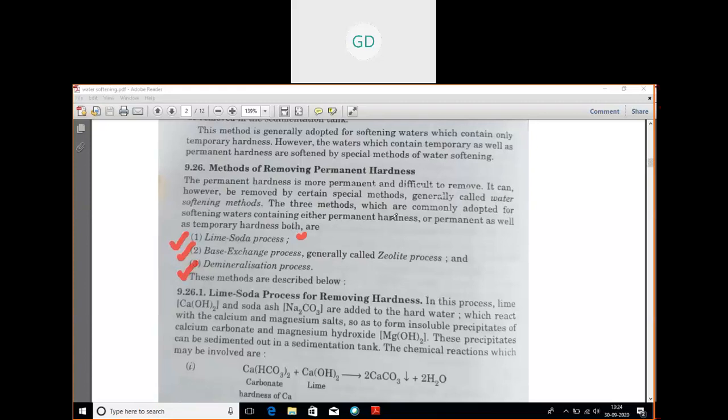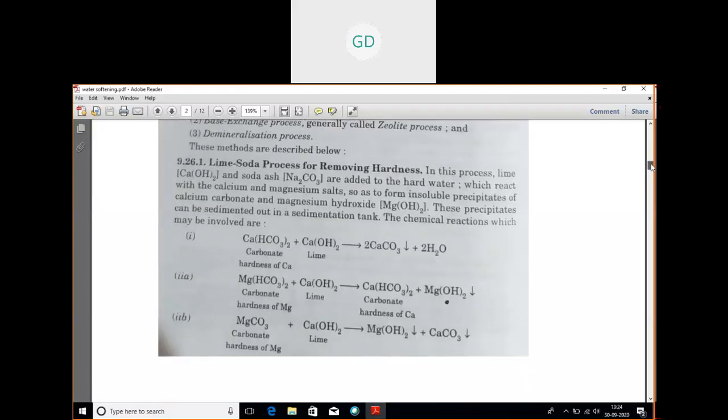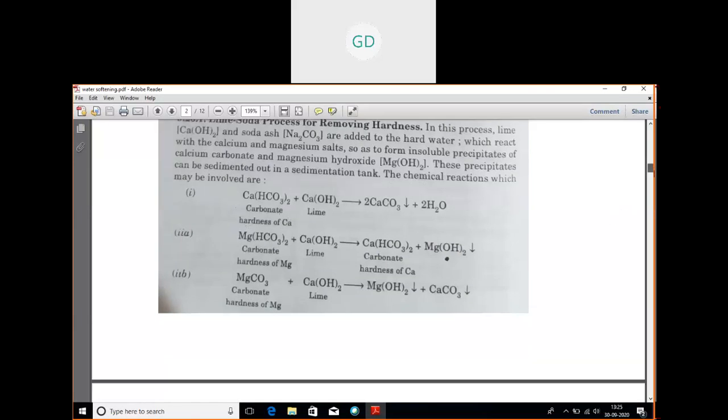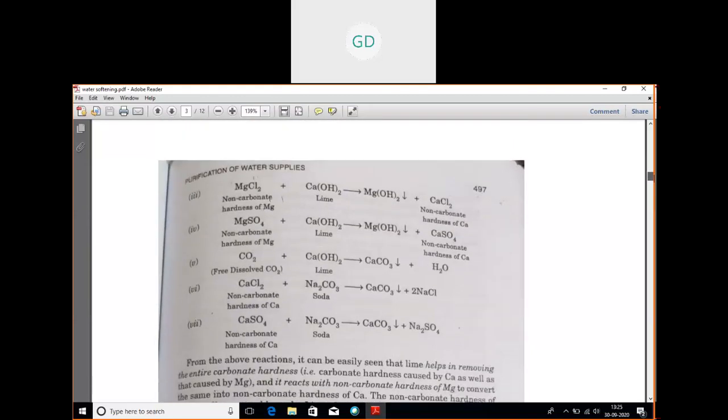So this basically involves all the chemical equations, and you have to write these chemical equations. If you can remember the chemical equations, then you can write 2-3 lines from yourself only. Just explain the chemical equations. So the lime soda process is given here, all these equations you see.